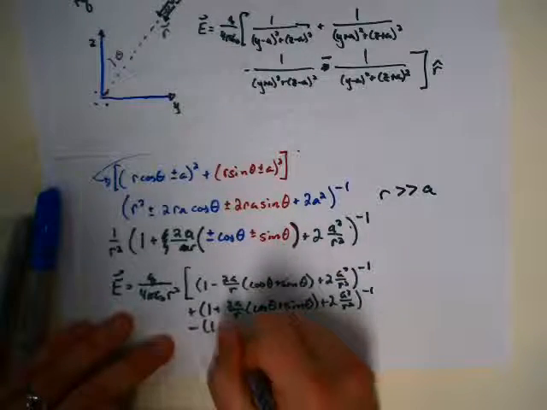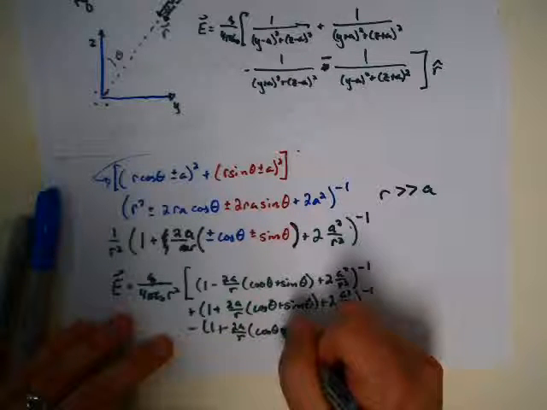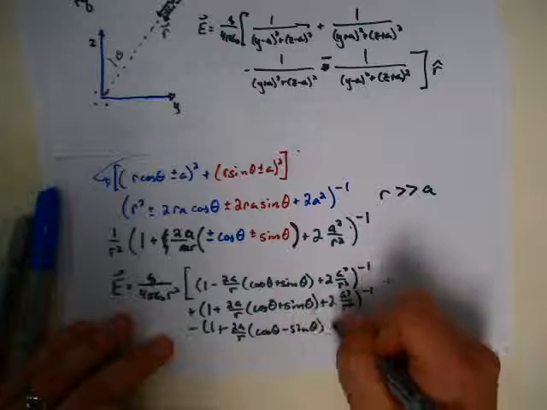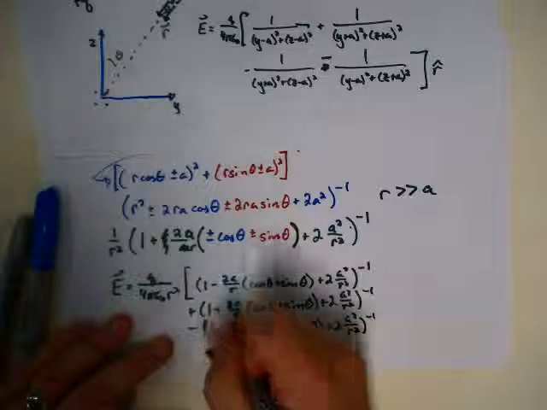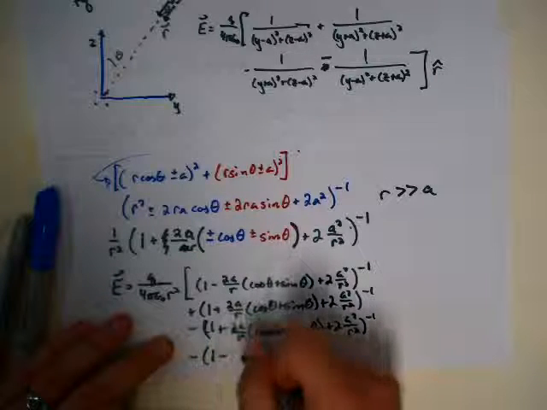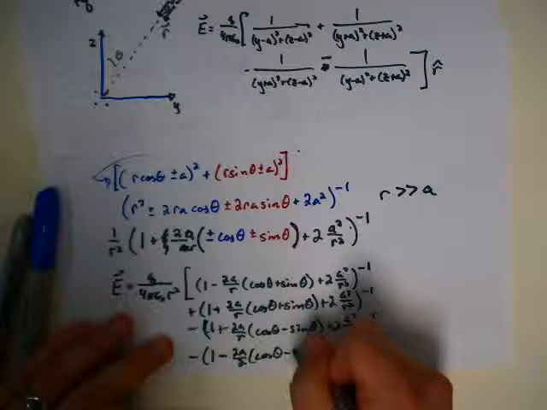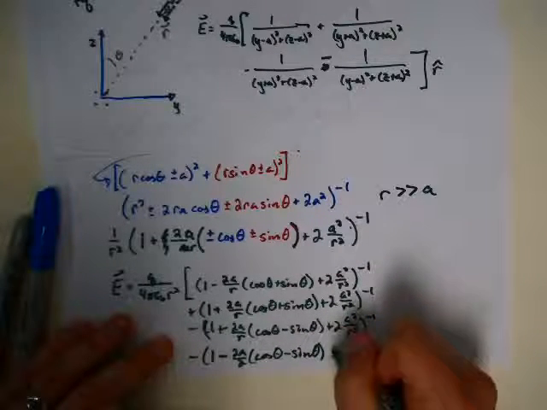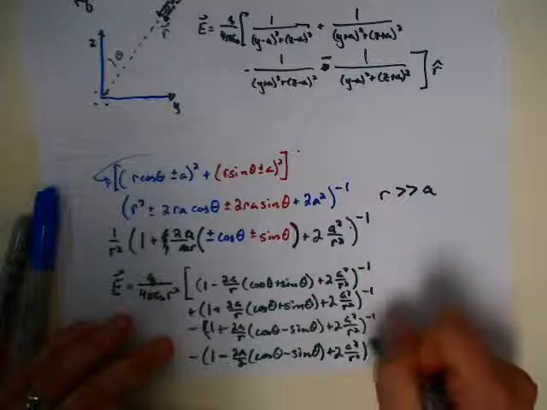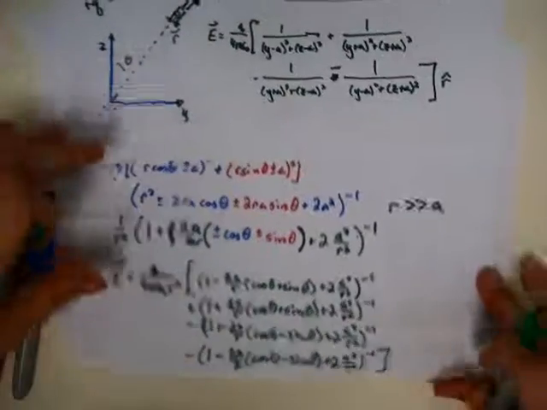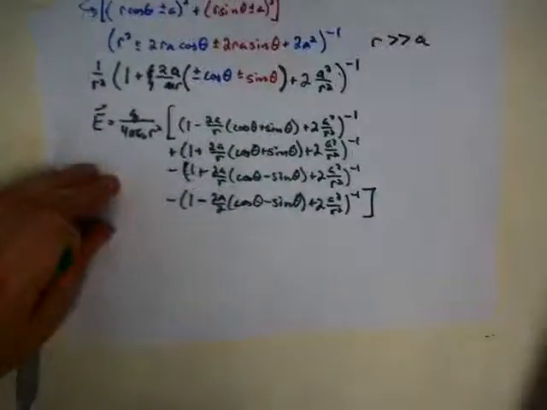So I'm going to say plus 2a over r cosine theta minus sine theta plus 2a squared over r squared, the negative 1th power, minus 1 minus 2a over r cos theta minus sine theta plus 2a squared over r squared to the minus 1 power. Okay, so we have all of that lovely stuff there.